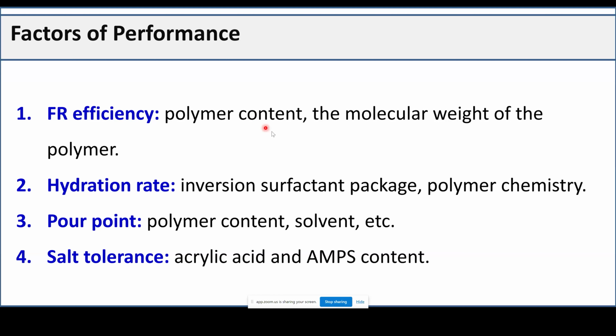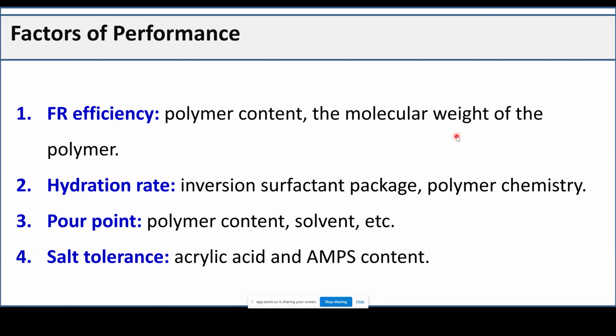The second part is the molecular weight. Molecular weight of the polymer is another way to see elasticity. The more elastic you have, the better the absorption of the turbulence, and that will improve the friction reduction. So for FR efficiency, the maximum value here, to get a better efficiency, either you need to increase your polymer molecular weight, or you need to increase the amount of polymer that you are pumping inside the system.